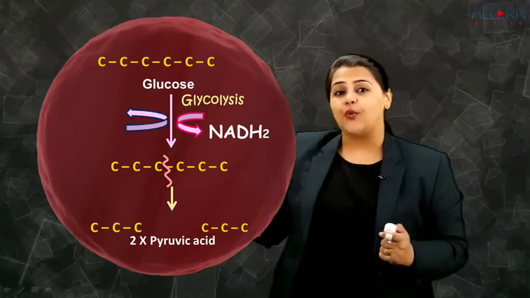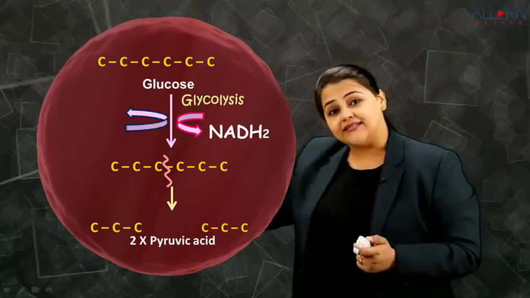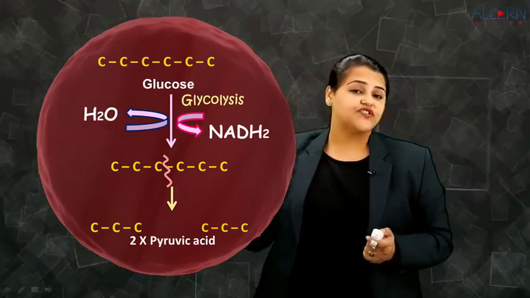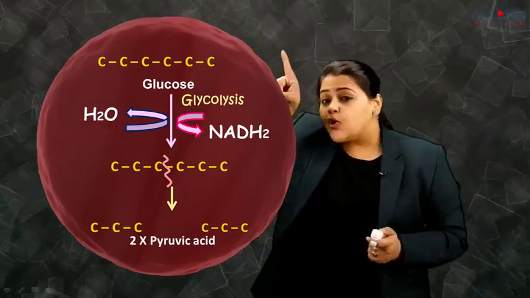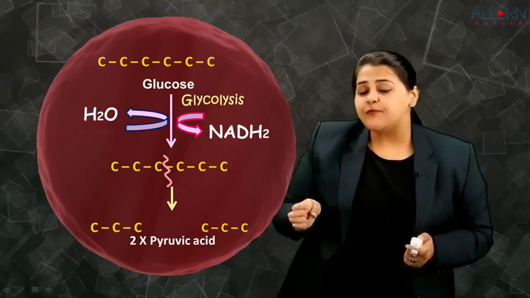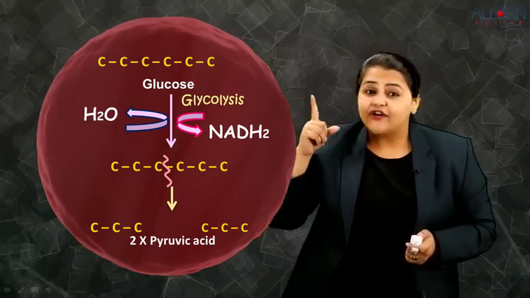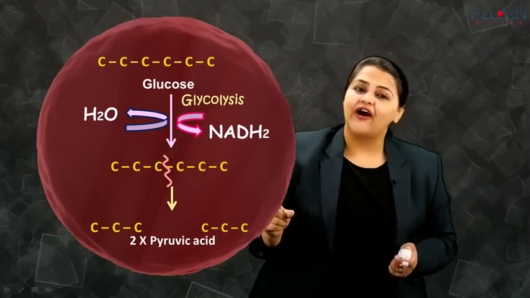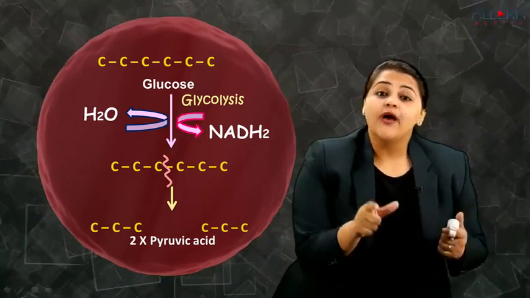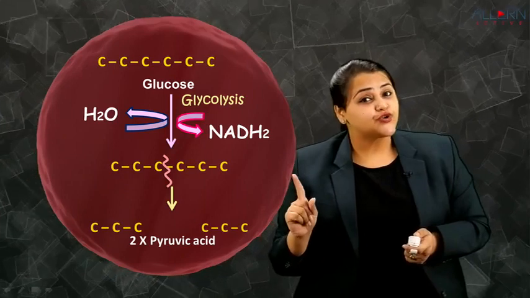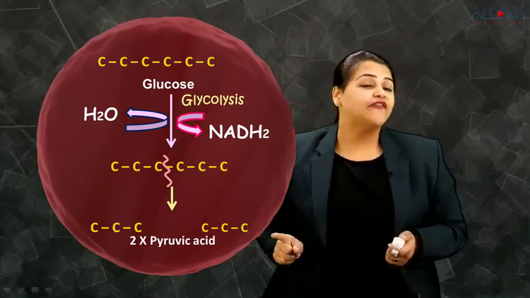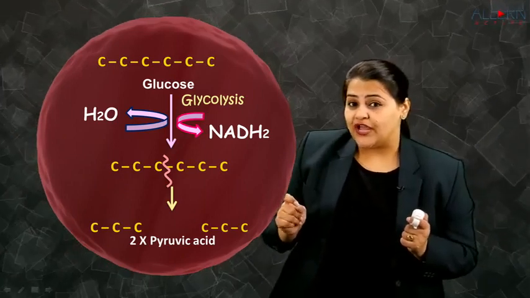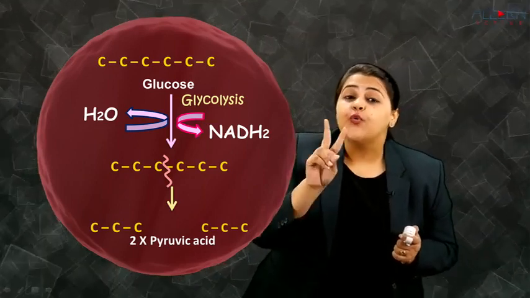And also we are going to release another byproduct, which is nothing but water. So until here, in this entire process, we have created ATP molecule, we have created NADH2 molecule, and we have created H2O molecule. So these are 2 molecules each.